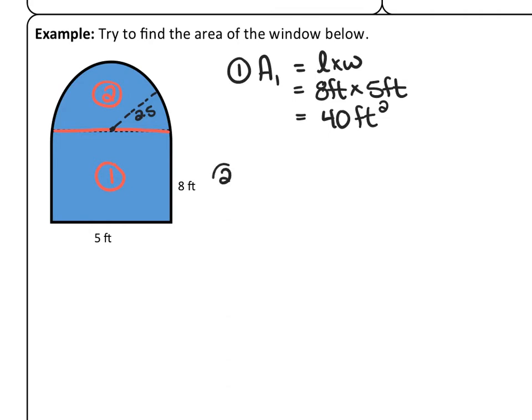And then the second thing we'll do is the area of the semicircle. So if you recall, our area of the circle is pi r squared. But in the end, we only want half of that. So I'm going to calculate it, and then I'm going to divide it in half because it's just a half circle. So pi, our radius is 2.5, and I'm going to square that.